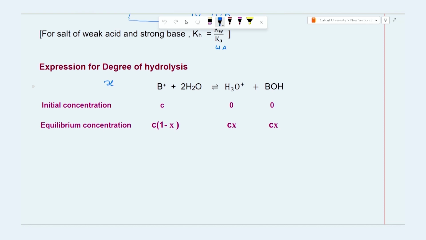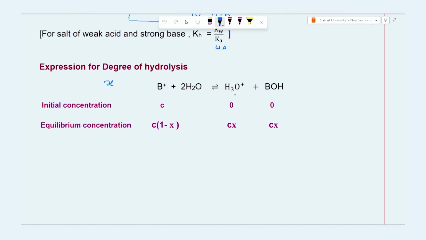Now, the initial concentration, again we have assumed, is C moles per liter. In the initial state you do not have these two formed, and therefore they are 0. At equilibrium, if x is the degree of hydrolysis, then the concentration of B plus ion will be C into 1 minus x, because 1 minus x is for 1 mole, multiplied by C gives the concentration for C moles.